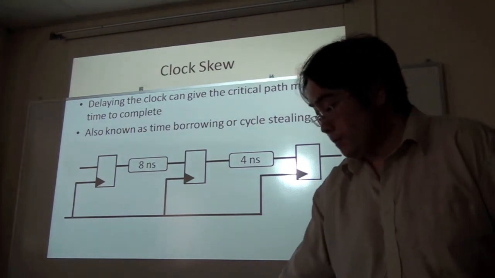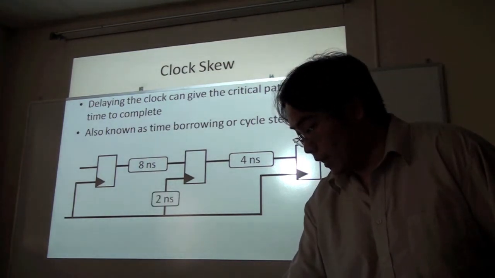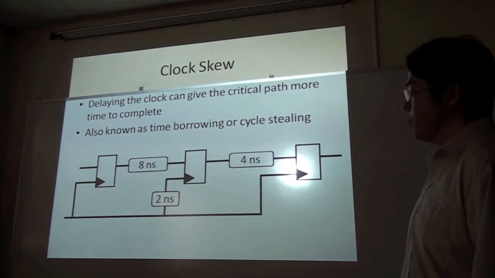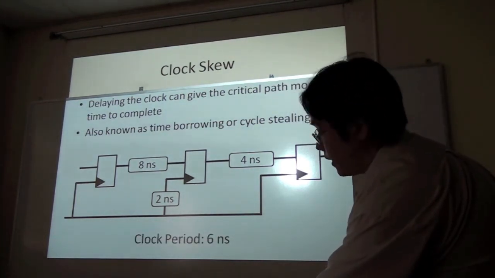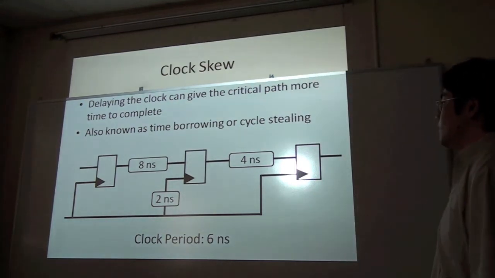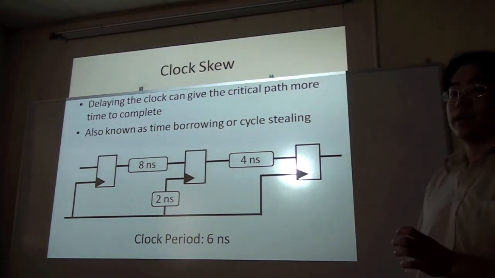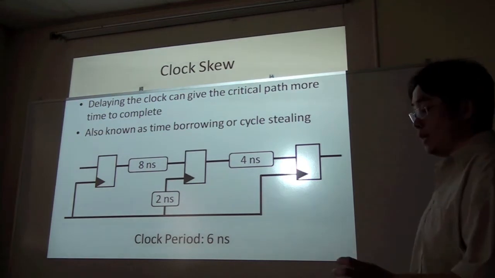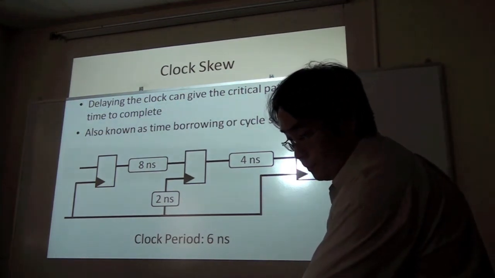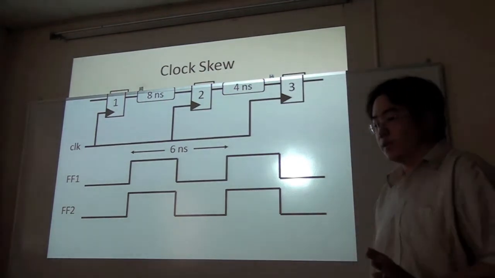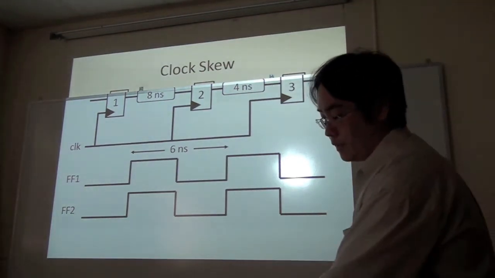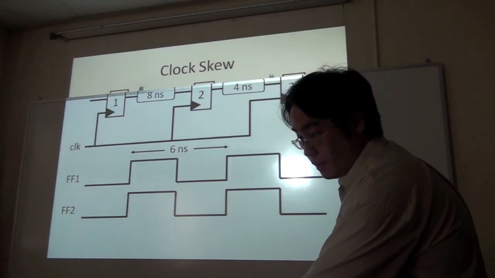In this case, if we put a 2 nanosecond delay on the second flip-flop, we can clock this circuit at 6 nanoseconds because we're essentially stealing 2 nanoseconds from the second stage for the first stage. By the way, this is also known as time borrowing or cycle stealing, and I'll use these terms interchangeably in the rest of the presentation.